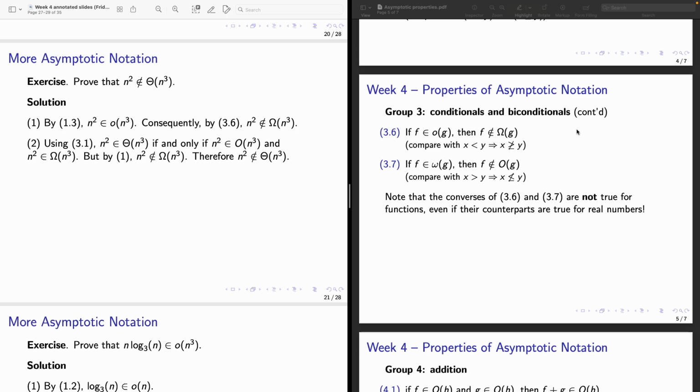If f is in little o of g, then it's not in big omega of g. This is just like how if x is strictly less than y, then we know that it's not equal to y and it's not greater than y. So then we're able to say that it's not greater than or equal to y. Likewise, we know that n squared grows way slower than n cubed, so it doesn't grow faster and it doesn't grow at the same rate.